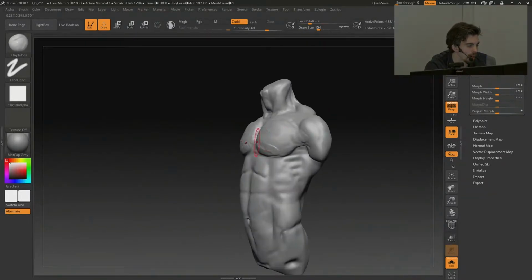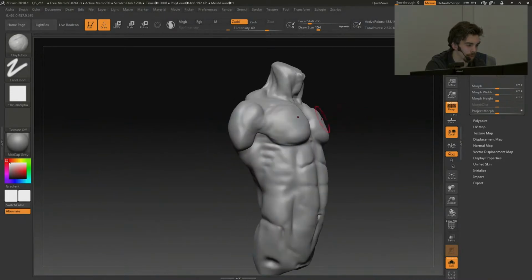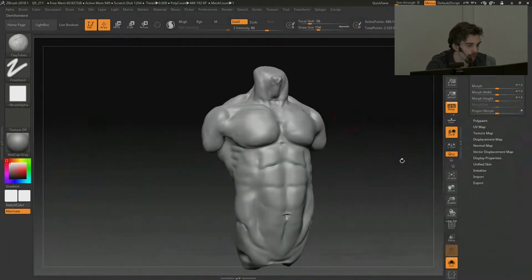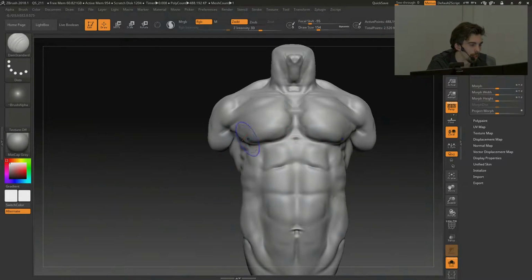I mean, I don't like making these pecs too sort of booby, but they do get that way sometimes, on some people. And then as we go through here, there's that dominant triangle through there, and then maybe we start to see the bundling of the fibers through here.